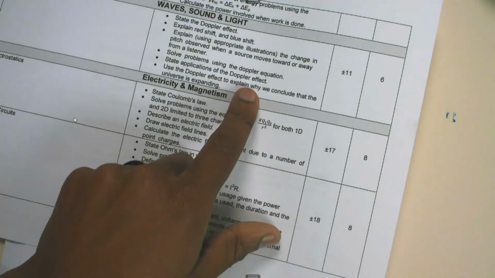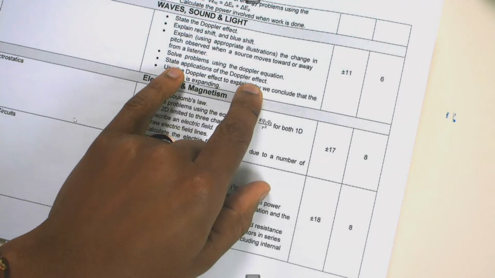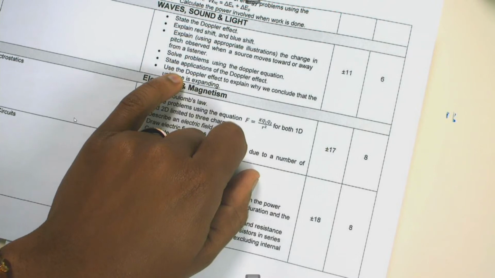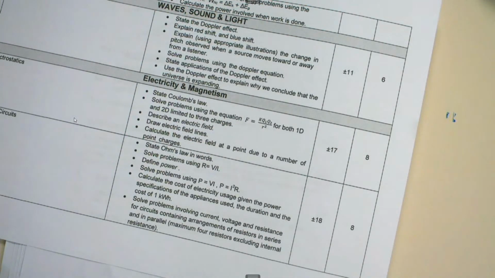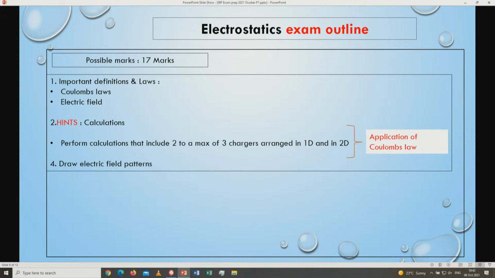Those are the ones that we spoke about, so you need to be able to state applications of the Doppler effect. Use the Doppler effect to explain why we conclude that the universe is expanding. That is the red shift. So those are the achievables, and we need to look into that.